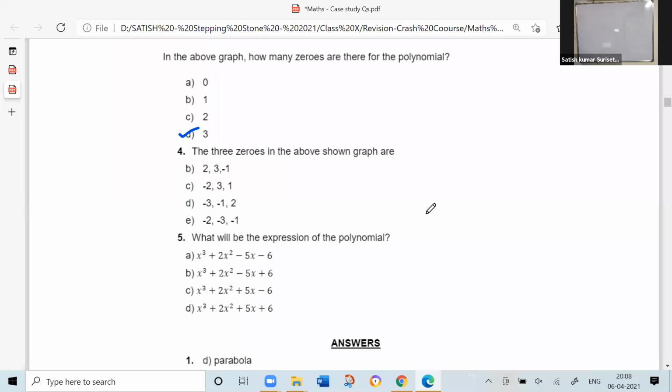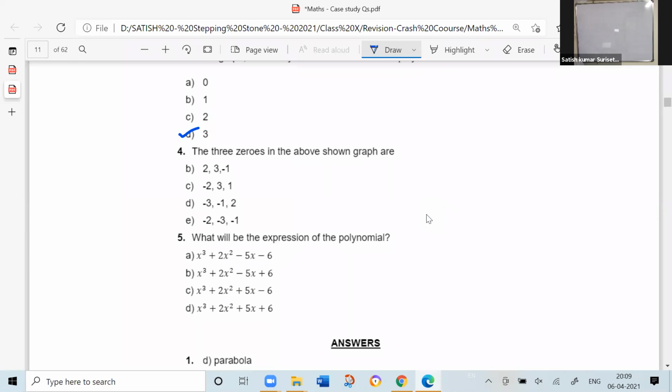Sir, option D, sir. Option D, sure? Sir, option C. Okay. Here they have made a mistake: the options are given as BCDE. It is not BCD actually, you have to check as ABCD only.